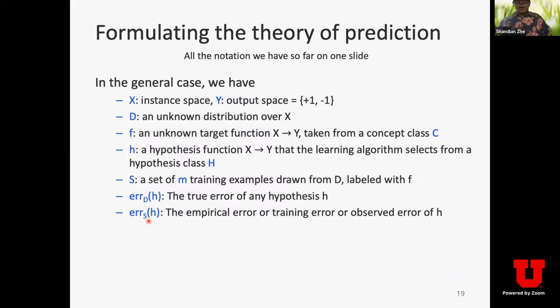Now I want to ask, is empirical error also a fixed constant? No, why? We know the true error is a fixed constant. It's determined by the distribution D, which is unknown yet exists. But what about empirical error?